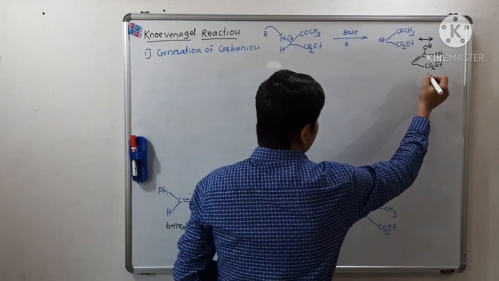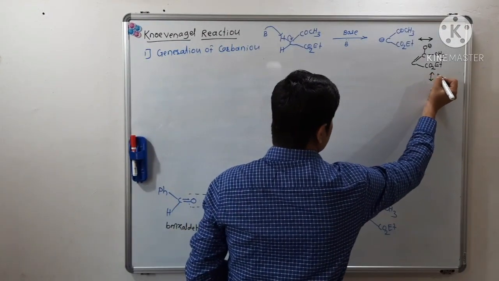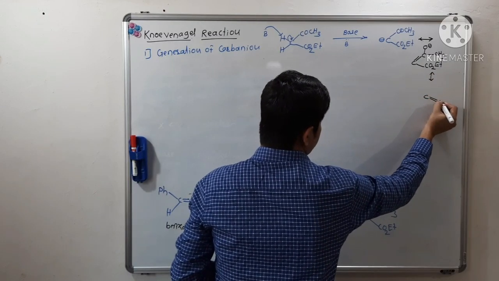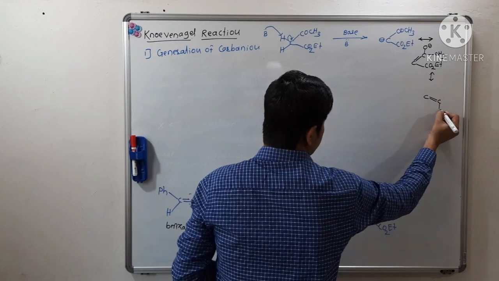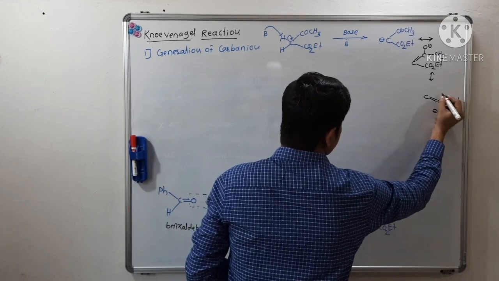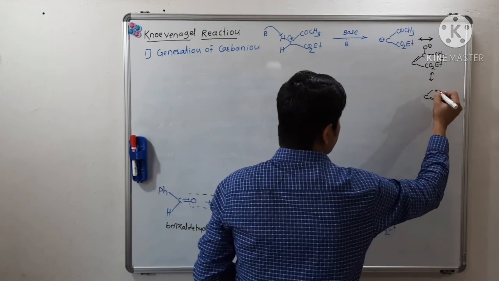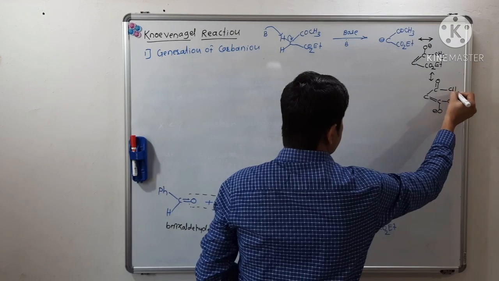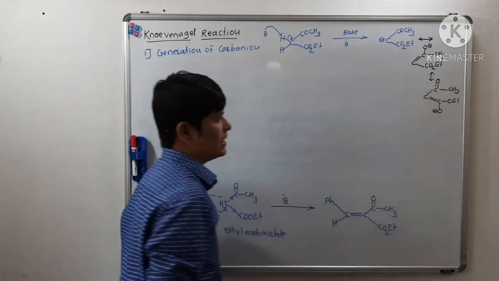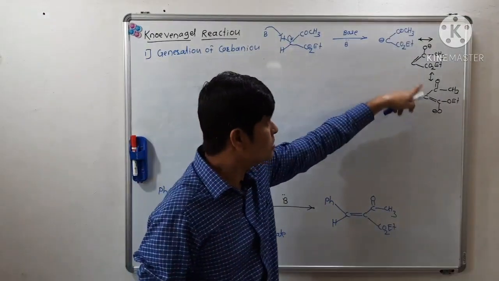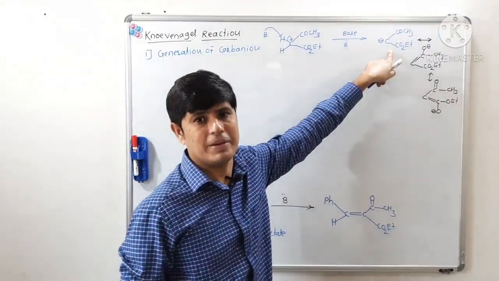Similarly, we can write the next resonating structure like this. We can write two resonating structures. This is the driving force behind the formation of this carbanion.